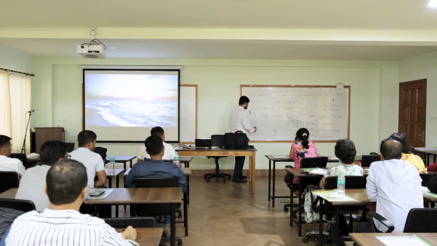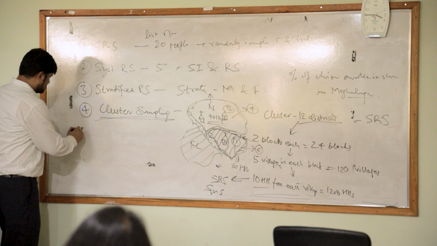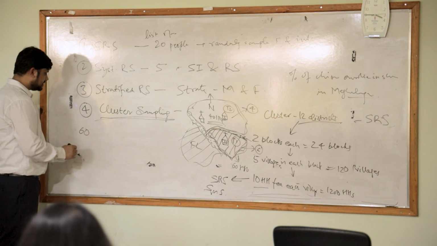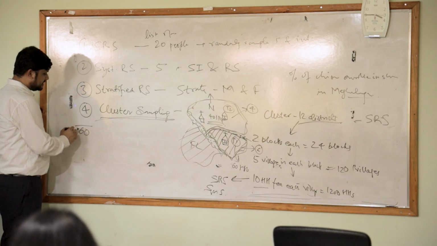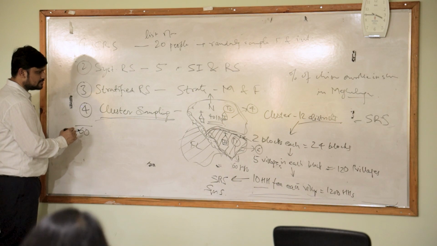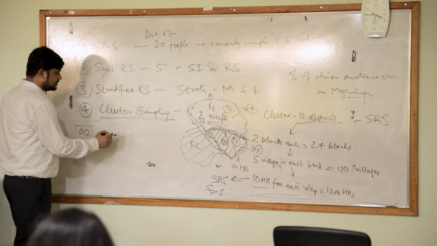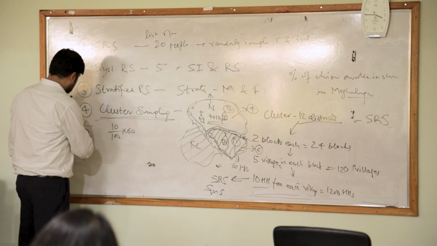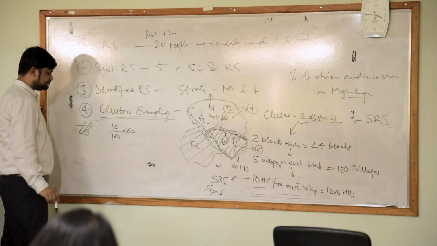So if 60 is the total number of households in this particular segment, I have to sample how many? Sorry, 10 out of 100 multiplied by 60. That's what I'm talking about.